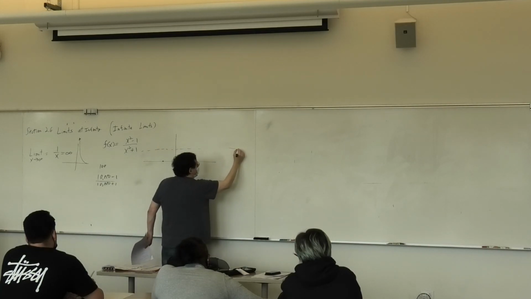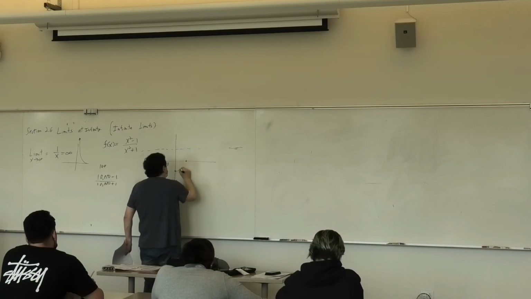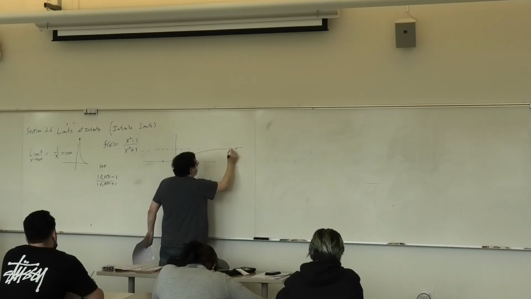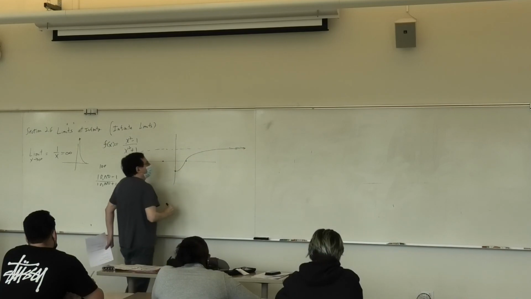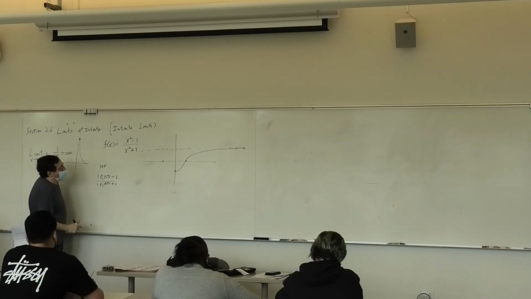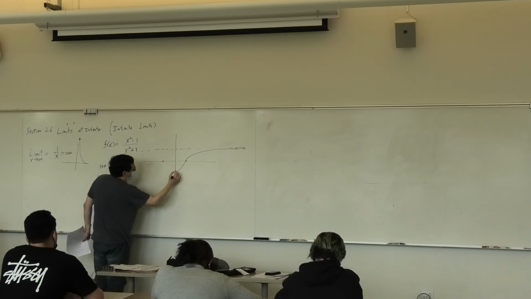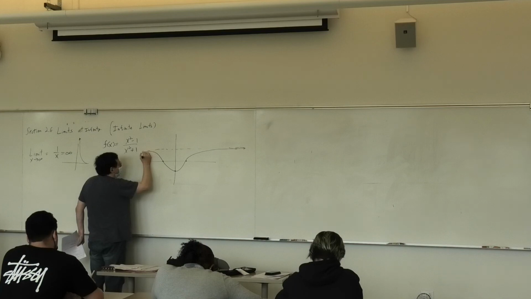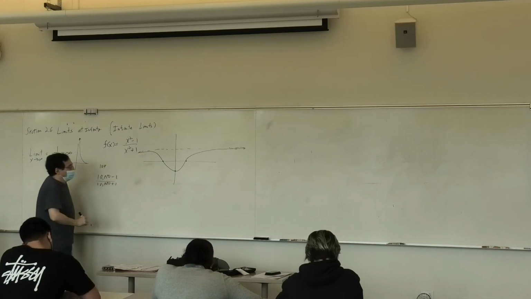It's very close to 1. That's kind of the nature of the function. The larger x is, the closer this gets to 1. Similarly, if we go in the other direction, it's also getting close to 1.